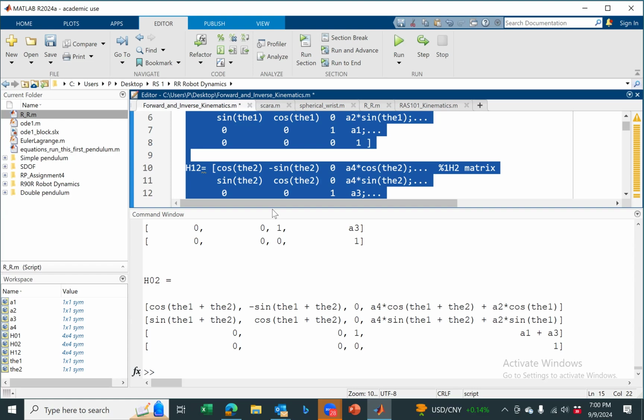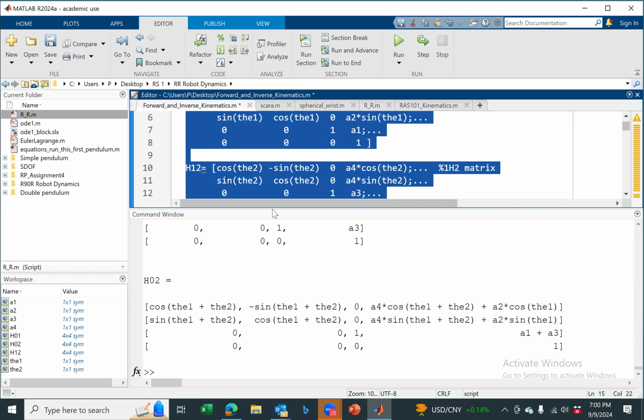Now, there is a meaning for this. I want you to look at this rotation matrix and let's decipher this. This is the first 3 by 3 matrix. Do you agree with me? This rotation matrix gives me the rotation of the end effector with respect to the zeroth frame.